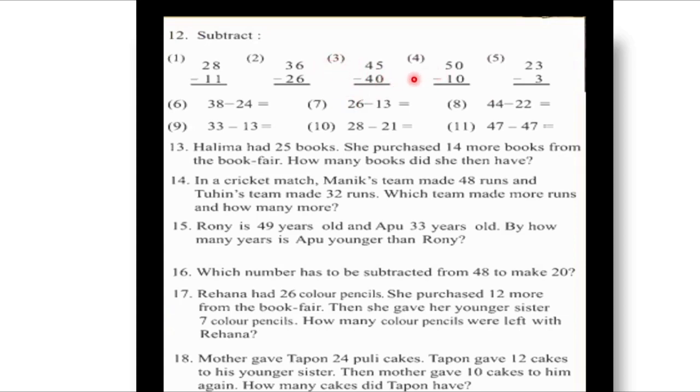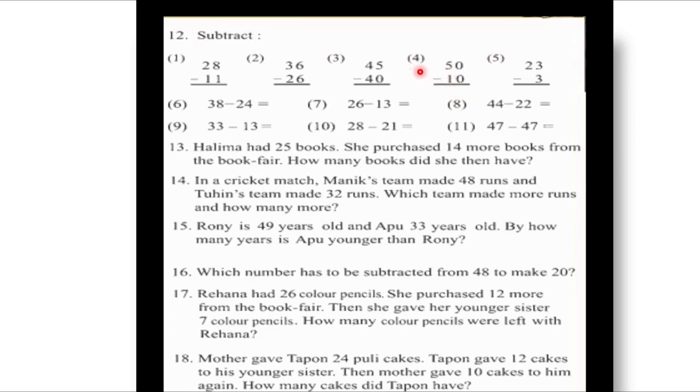If we see question number 4, 50 minus 10 is equal to what? On our right hand side, 0 minus 0 is equal to what? Dear students, in my earlier lectures I mentioned that if we subtract nothing from nothing, the answer will be nothing. That means nothing minus nothing is equal to nothing, and that is why 0 minus 0 is equal to 0. On our left hand side, 5 minus 1 is equal to 4.